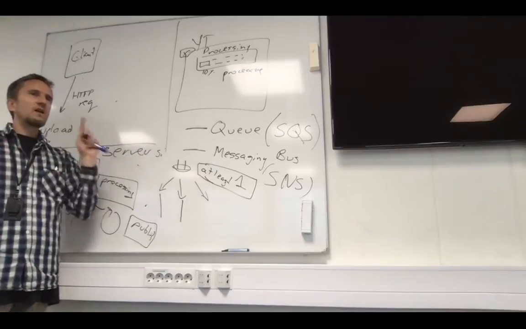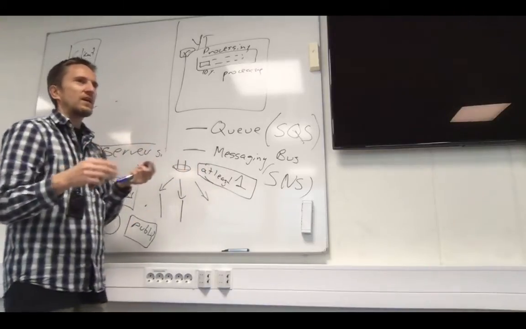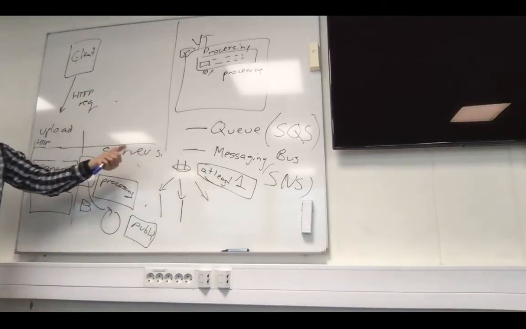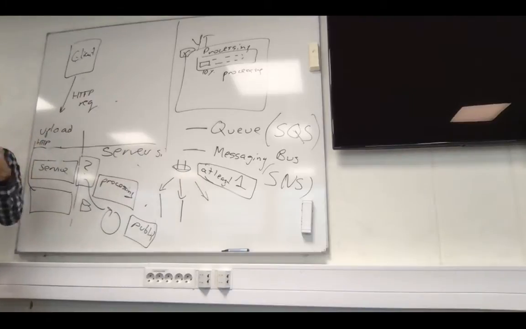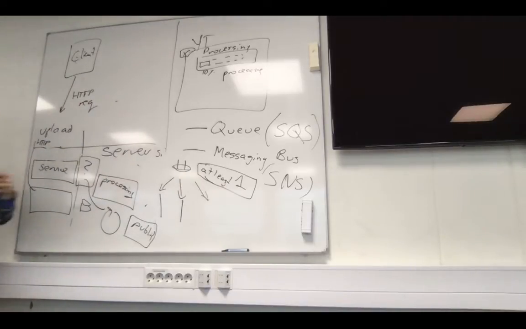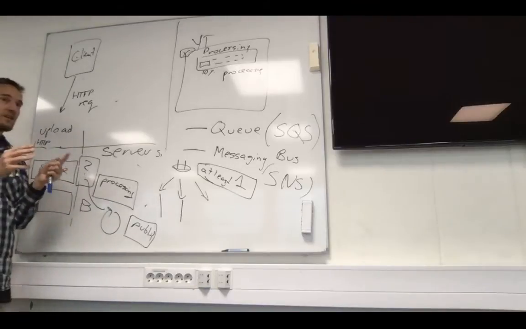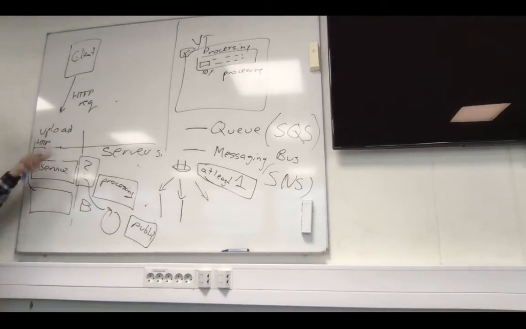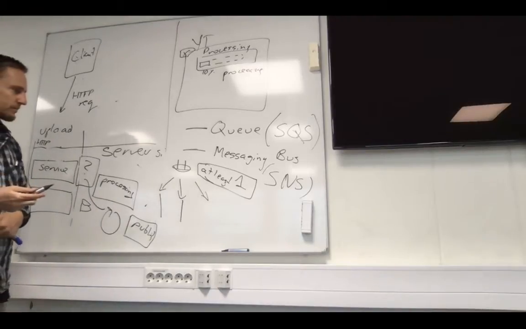If you say, I'm more relaxed, at least one is fine, then you pay less per message, but you have to do a little bit of logic yourself because you may have a race condition and two workers may get the same job. And then what do you do, right? If two workers get the same file to be processed, you don't want to double up the job. You have to somehow notify each other that this one is doing it so the other one can stop doing it, right?